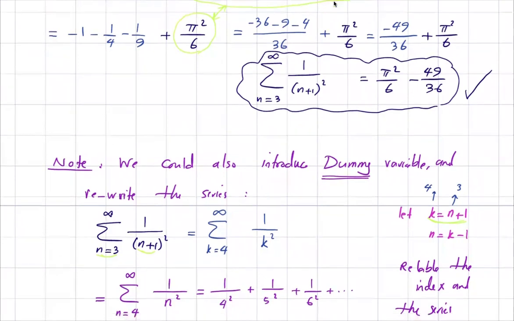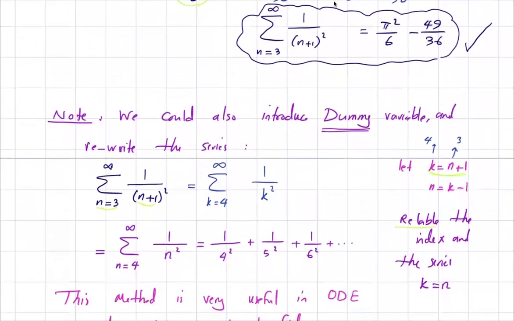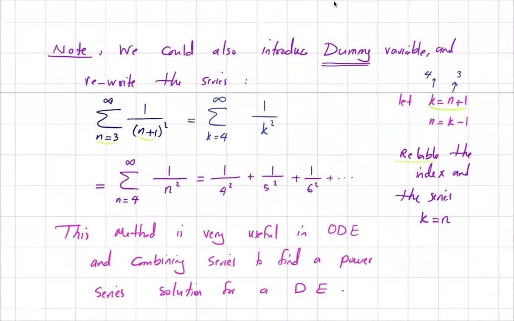So the series can be written as the summation of 1 over k squared, k starts at 4 to infinity, which is using relabeling, we shifted the index, and the series can be written as the summation of 1 over n squared, n starts from 1 to infinity, and basically you get the exact same terms, but now you shifted the index, and here you have a shapeshifter series. This is very helpful in differential equation, finding the series solution for a differential equation.